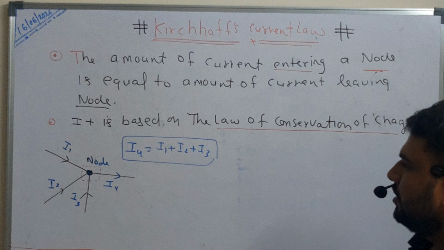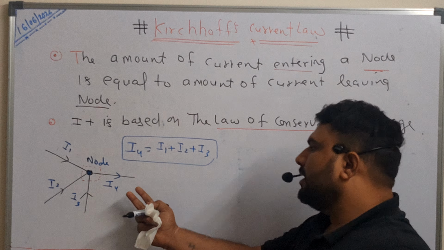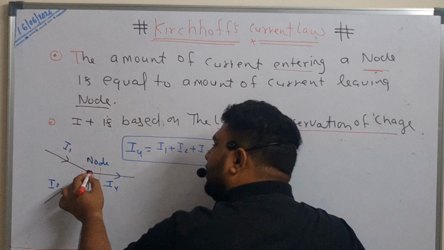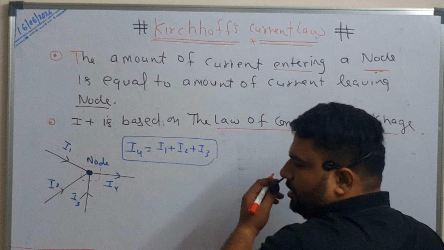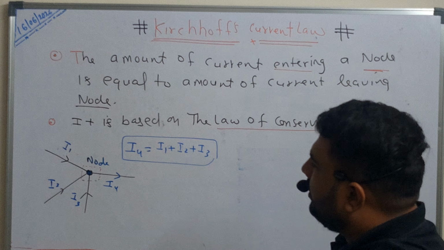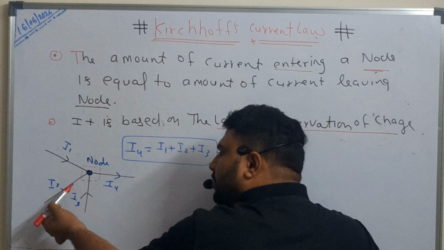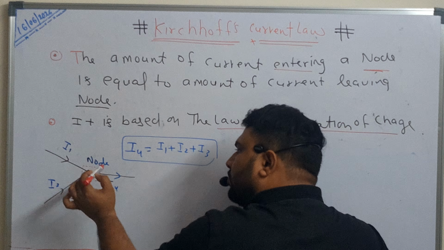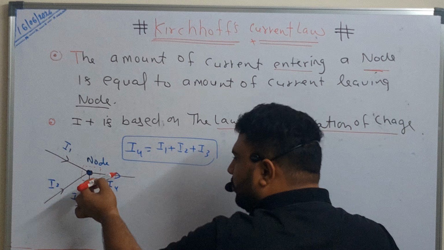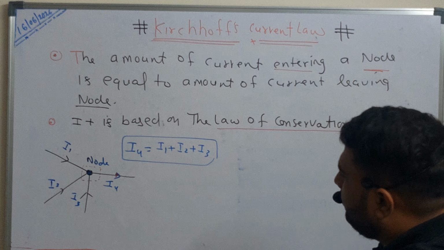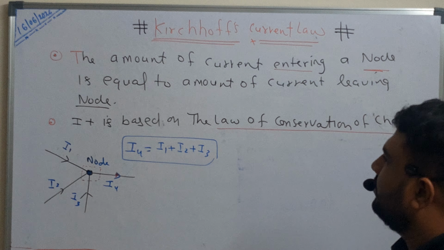Node means when three or more than three wires meet at a point, and that point is known as a node. Look at this, I1, I2 and I3 are entering the node, and I4 is outgoing from the node. Then I4 is nothing but I1 plus I2 plus I3.